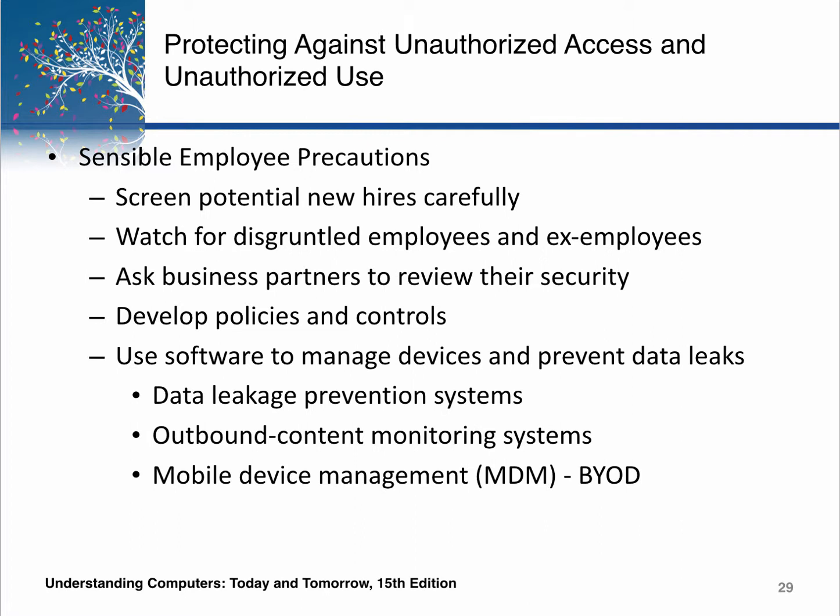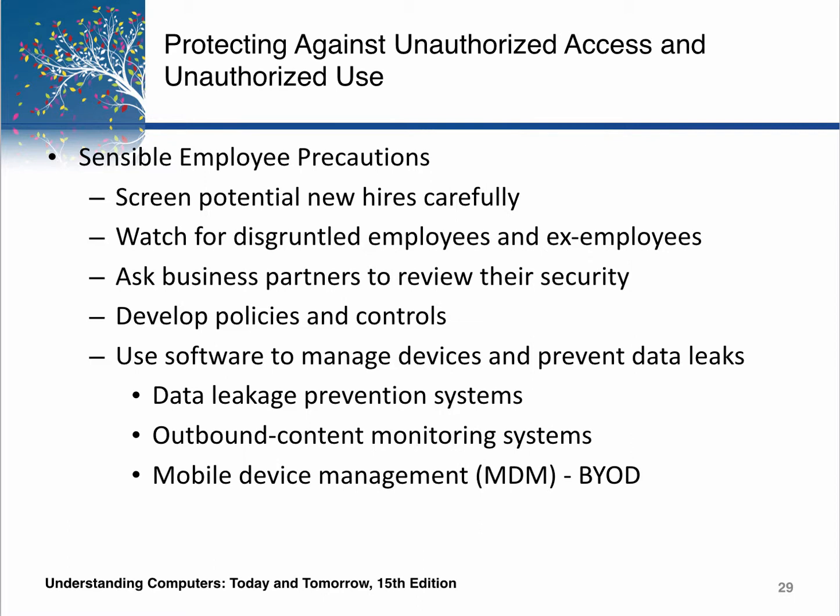With sensible employee precautions, what we can do is use what we know about people to make good data choices, good network choices. We need to screen potential new hires to see if they engage in risky behavior. We should watch for employee moods, disgruntled employees or ex-employees.